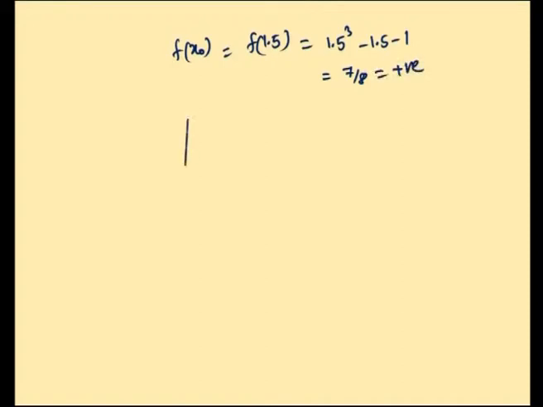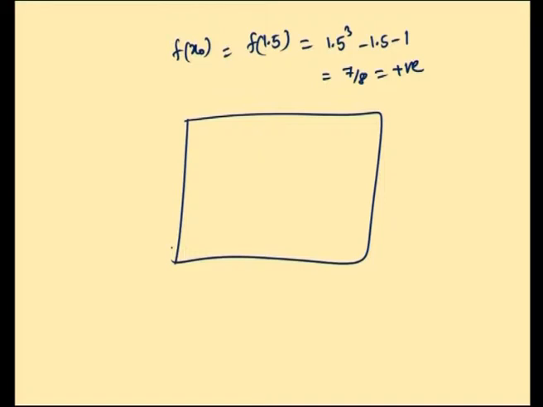So, write down the values. f of 1 is negative and f of 1.5 is positive. We mentioned the root lies between 1 and 2. Now, in the next iteration we are mentioning the root lies between 1 and 1.5.